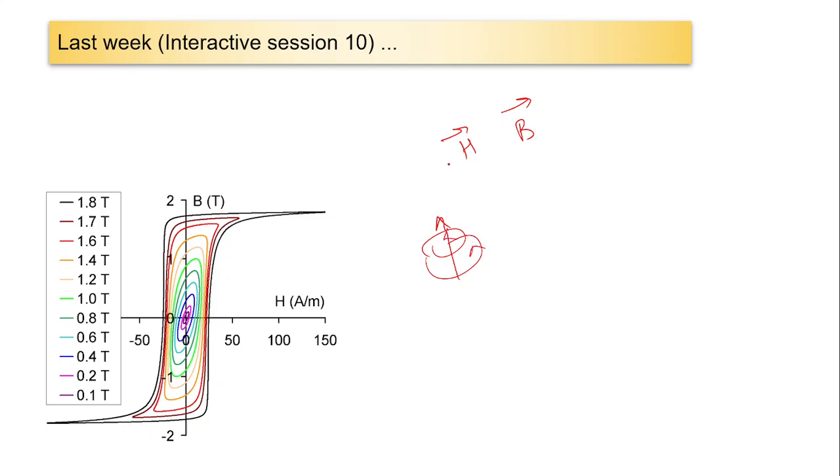The field that we apply by supplying current is the field we use to magnetize some material. So we say we apply H, and the unit is ampere per meter. The field that is induced in the body because of the applied field is proportional to it, and the proportionality constant is permeability. So it's like how easily the material can be magnetized.